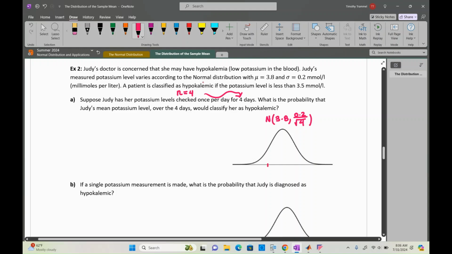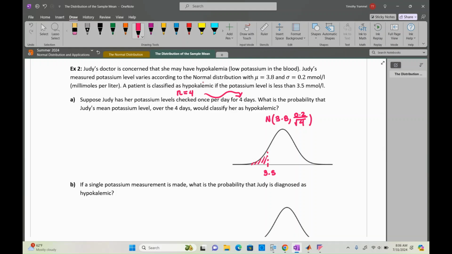So that's somewhere over here, to the left of 3.8. We want to find the probability that if she were to take 4 measurements, her average would be less than or equal to 3.5 millimoles per liter.